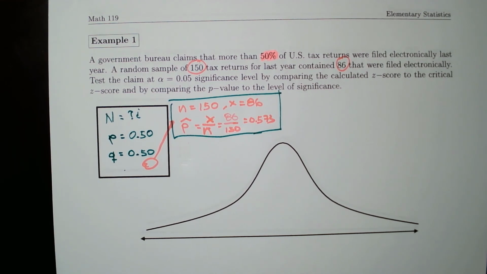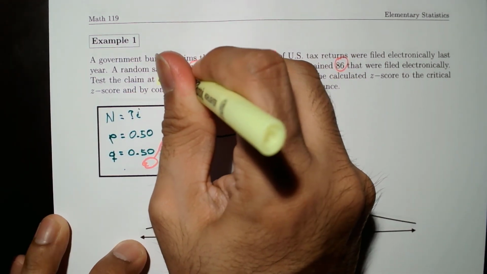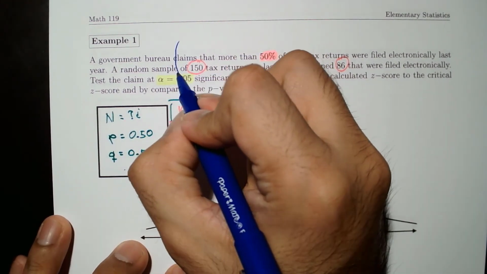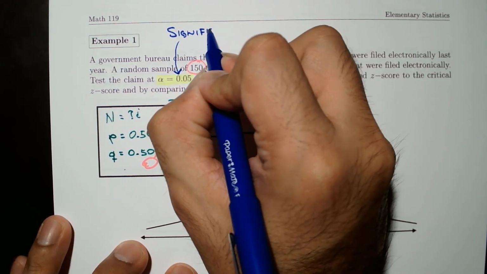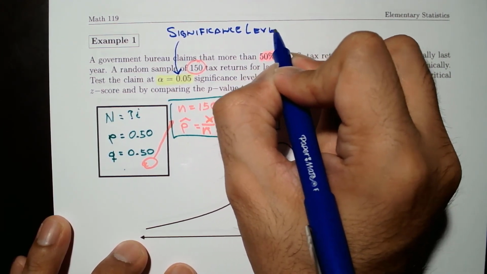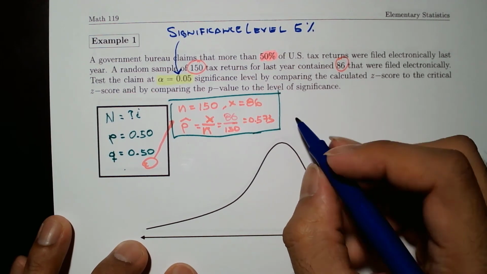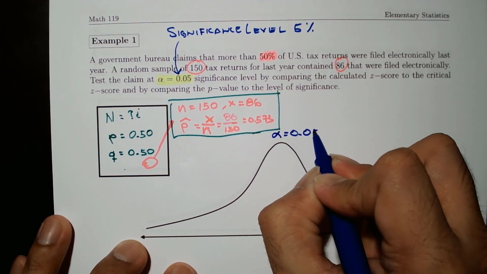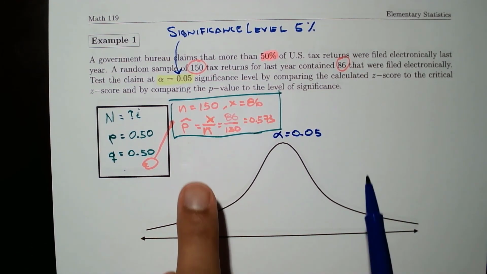Now let's do a few highlights here. This alpha equals 0.05 is the significance level of 5%. It's either going to go to one side, to the other, or split in two.